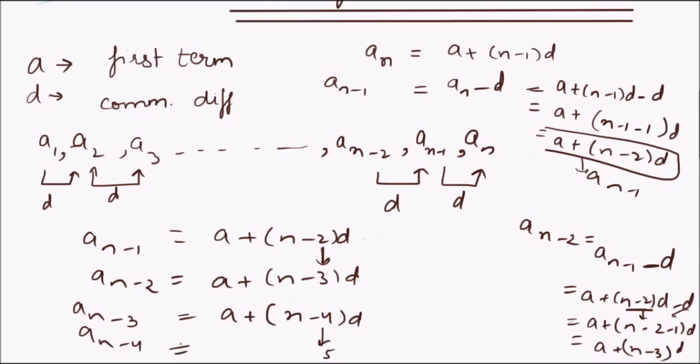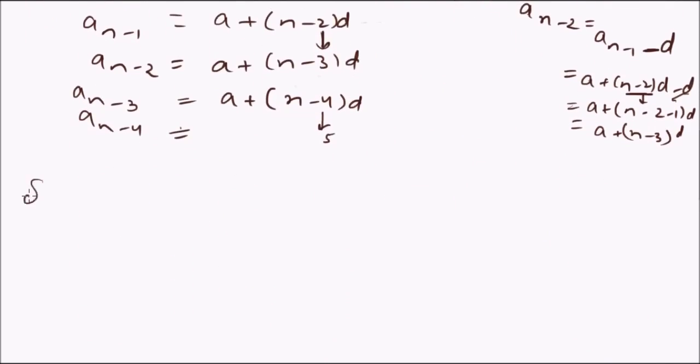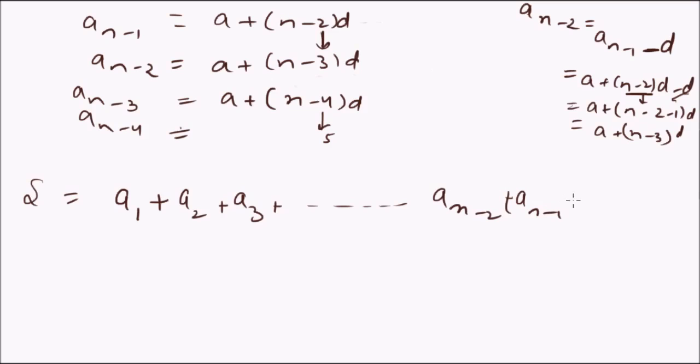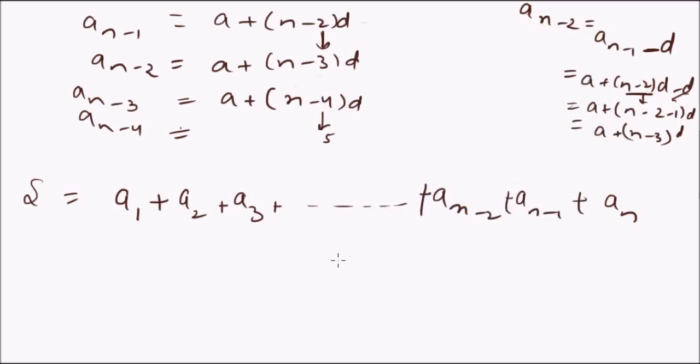So, for finding out the sum, what will we do? We will just add up all the terms until we know any formula. But adding up all the terms is a little bit tough or a cumbersome task.